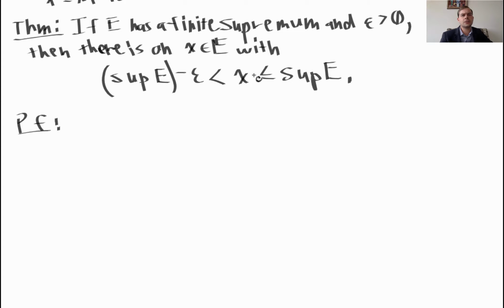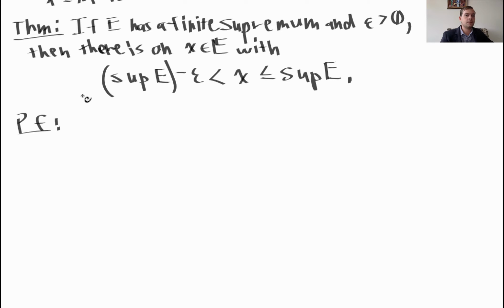Now, the next results that I'm going to discuss are with respect to the supremum. But they're going to equally apply in some measure to the infimum because of the reflection property. I'm not going to cover the reflection property, but you can look at the results in your text.